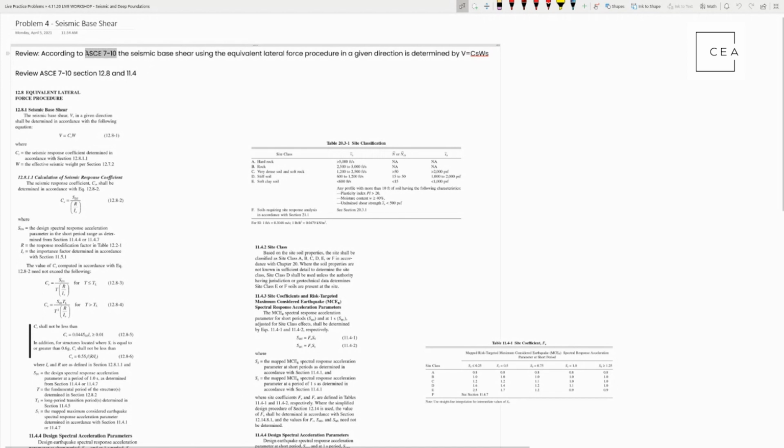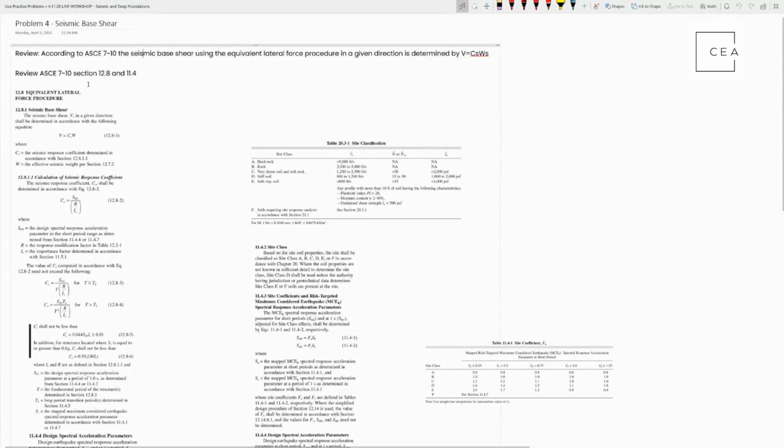We're sticking with 7-10. According to ASCE 7-10, the seismic base shear using the equivalent lateral force procedure in a given direction is determined by this equation, V equals CsW.